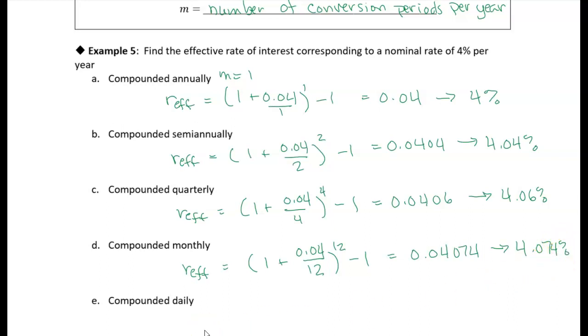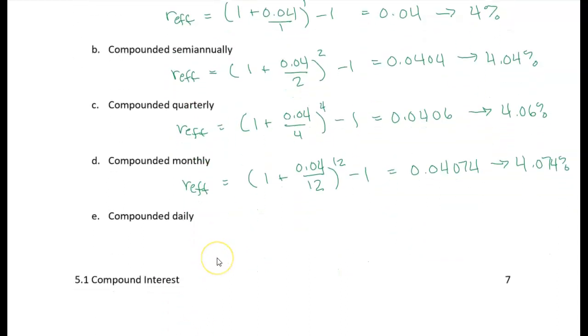Okay, so that's the equivalent interest rate you would have to earn if you were earning simple interest, right, to get the same amount that you would get by investing in an investment that paid compound interest monthly.